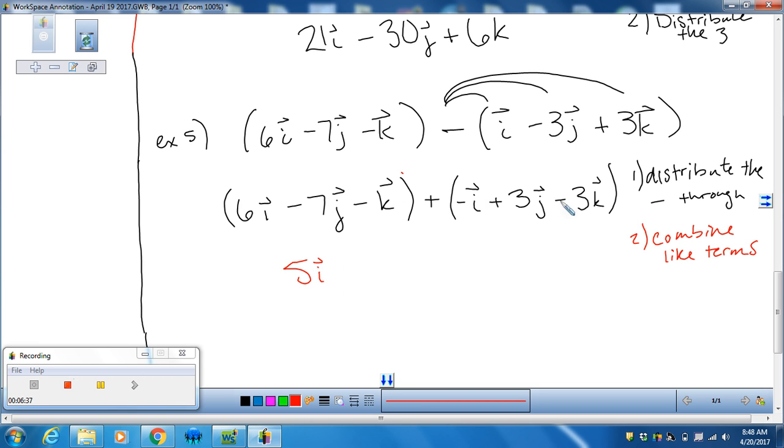Then negative 7j plus 3j is going to give me a negative 4j. And then negative k plus a negative 3k is going to give me negative 4k. And now I am done subtracting those two vectors.